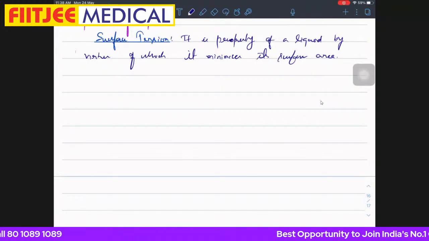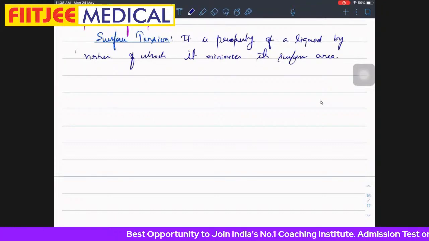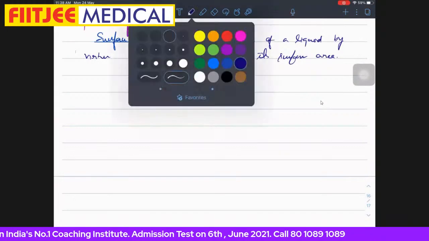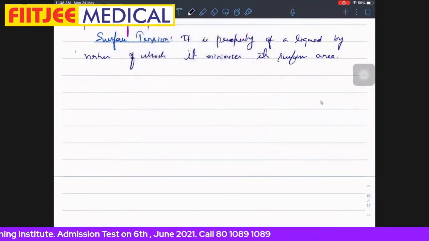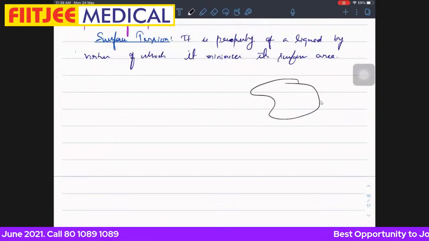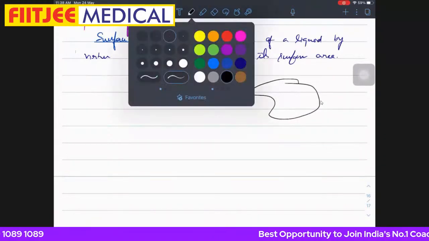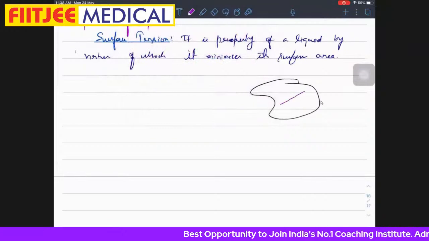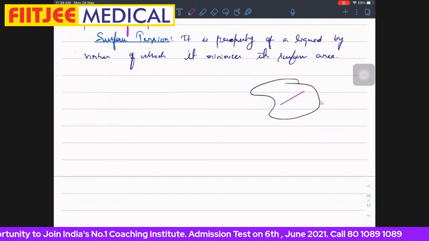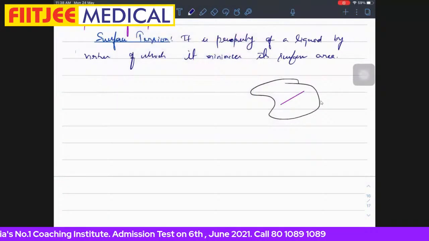So what is surface tension? Surface tension is a property of liquid by virtue of which it minimizes its surface area. Try to understand, suppose any liquid surface is there. On this, if we draw a line, it will act like a stretched membrane due to surface tension.